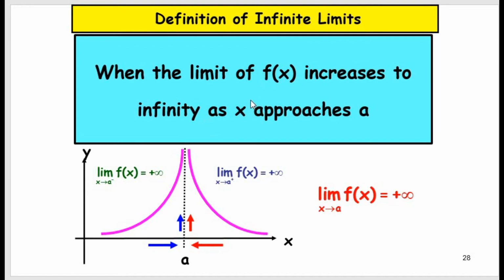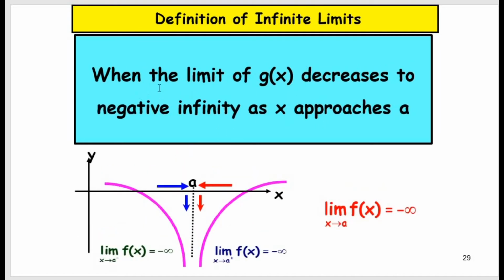So actually, what is the infinite limit's definition? When the limit of f(x) increases to infinity as x approaches a, we can say that limit x approaching a of f(x) is equal to positive infinity.